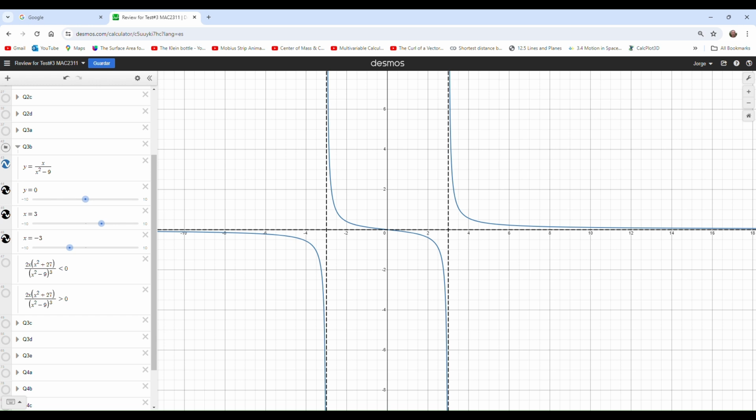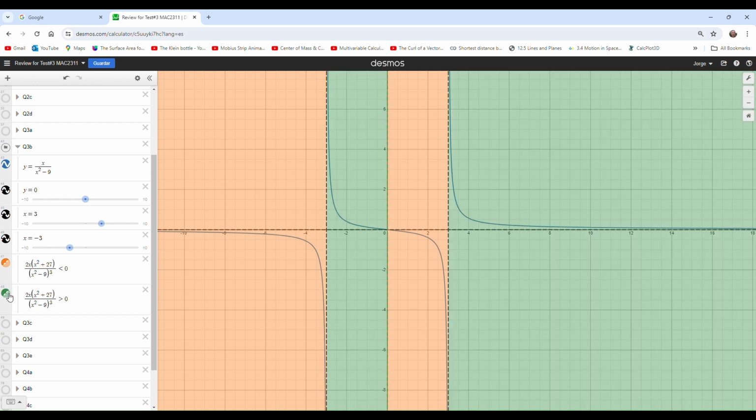The end behavior is at 0. No maximum, no minimum, because the function is always decreasing. It's going down from left to right. Now where the second derivative expression is negative, it's concave down in that interval. And when it's positive, it's concave up in this interval. That's it, no more information in this question.